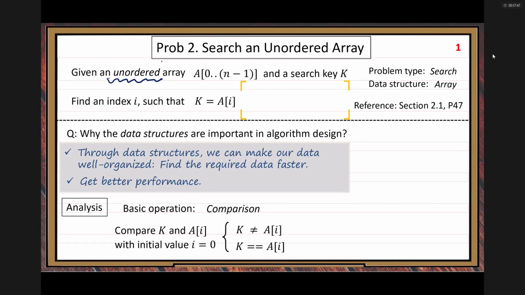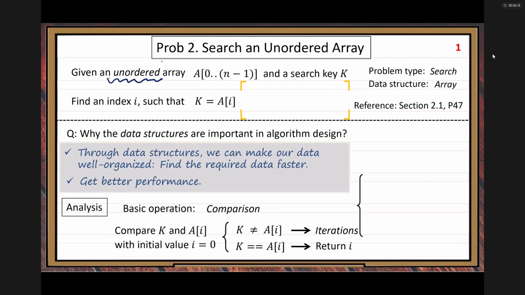Okay? So if equal, we find the right element in the array, so we return the position of this element. That is the index value I. Then we're done. Okay? But if not equal, we need to do more work.